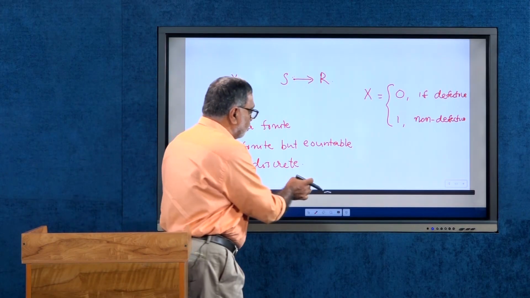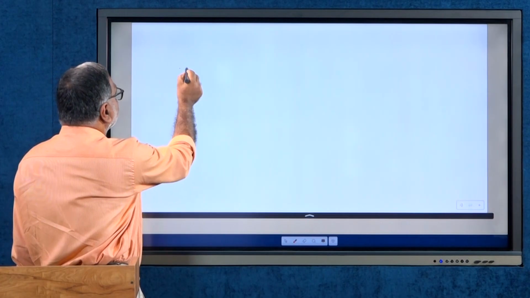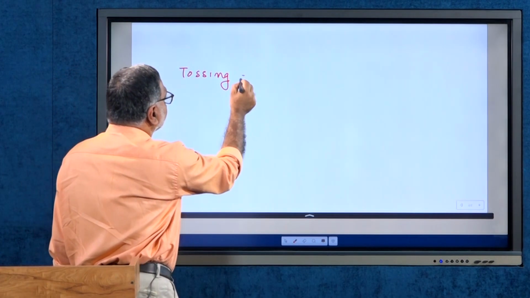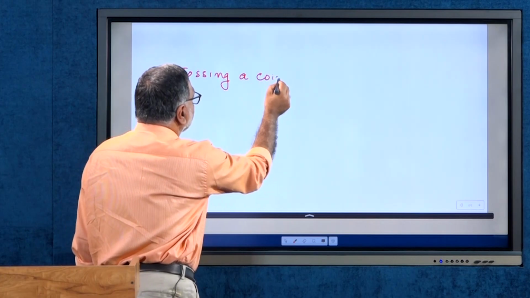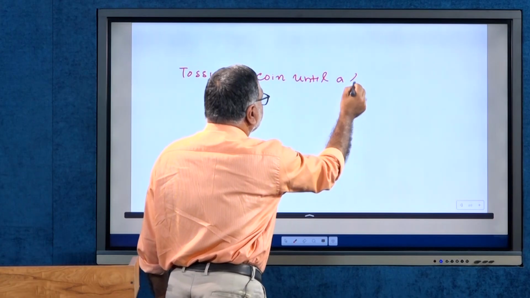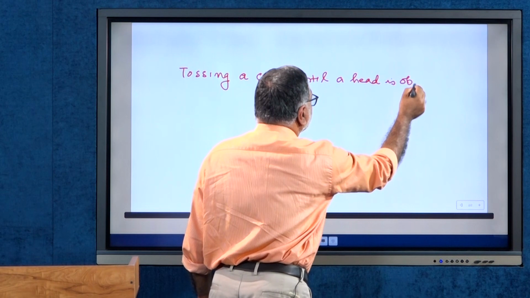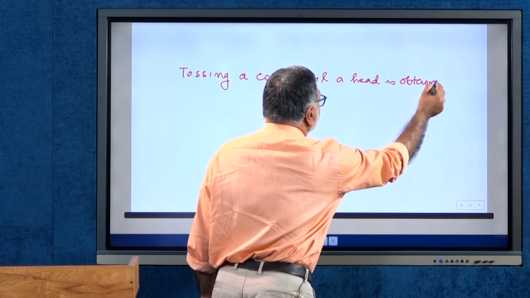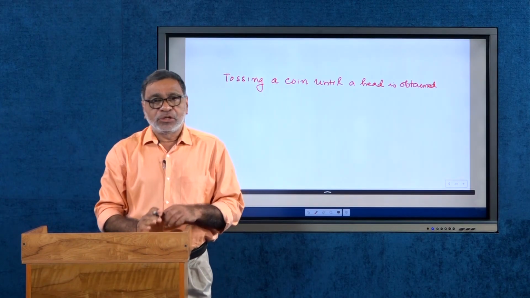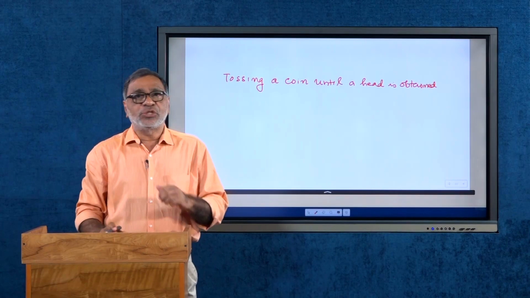Another example: suppose you are tossing a coin until a head occurs. You are performing the random experiment of tossing a coin until a head is obtained.